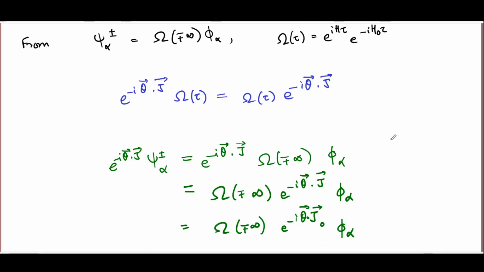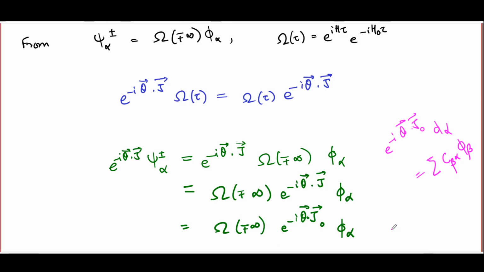Of course, rotation of the free particle states, e to the minus i theta dot J vector acting on phi alpha, will be some specific combination C beta alpha of phi betas.